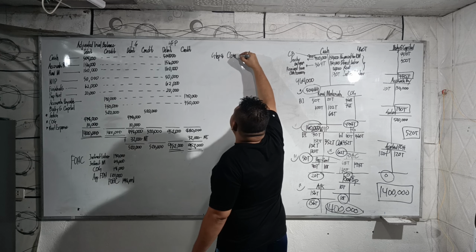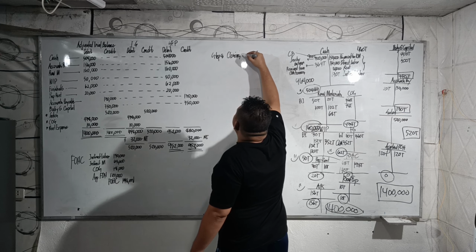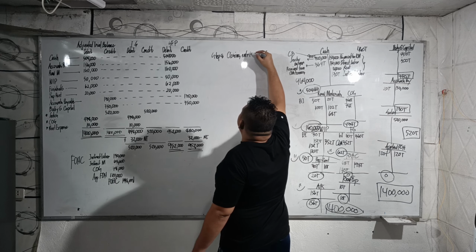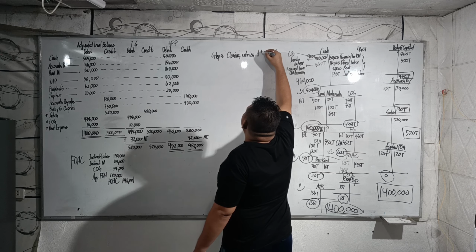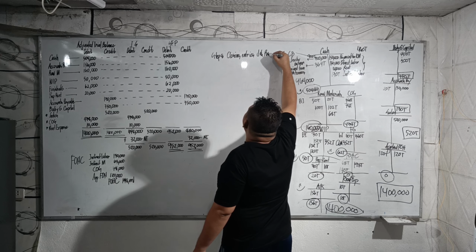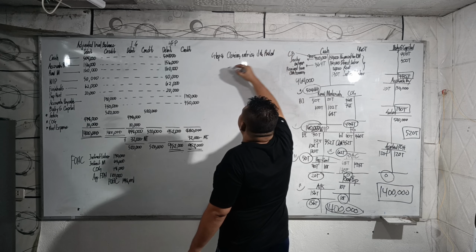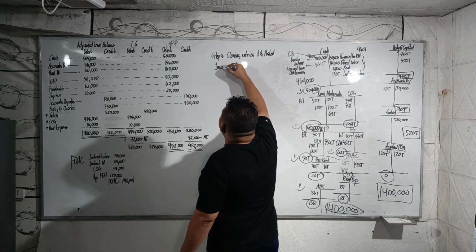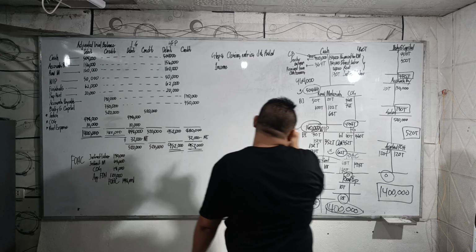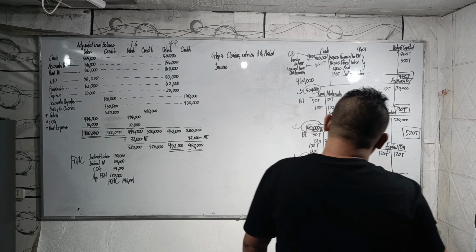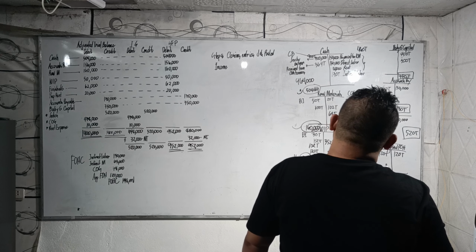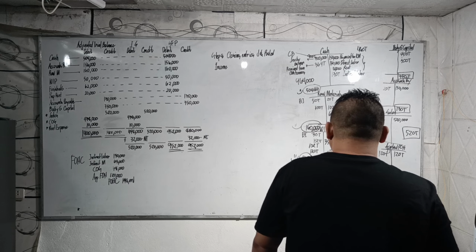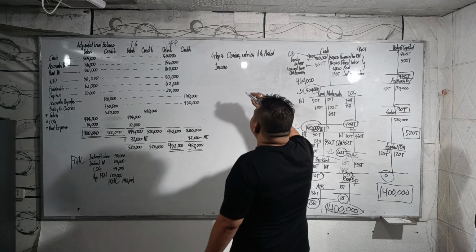Closing entries. Journalized and posted. So the first one is close income accounts. So do we have any income right here? Of course, we have sales and there's nothing else. It's only sales. So let's close the sales.